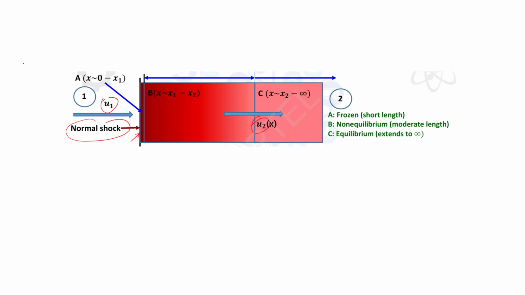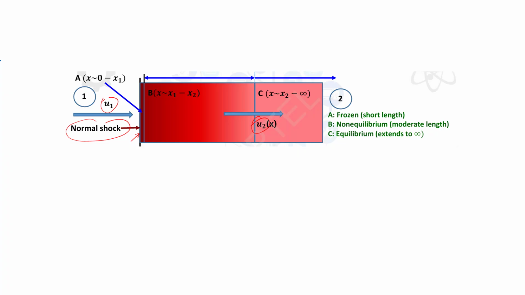Why does it happen? Because of the shock there is an abrupt change in properties. So initially the flow will not take much time for the chemical reactions, so initially it will remain in frozen flow.